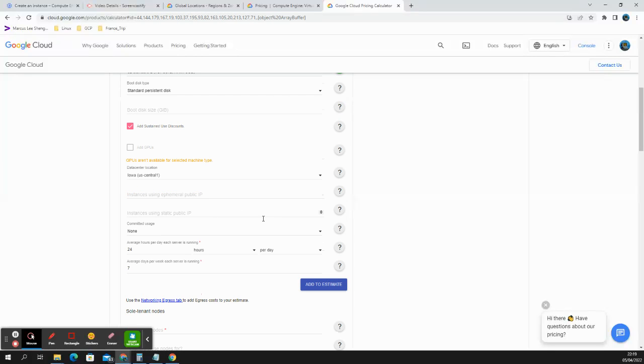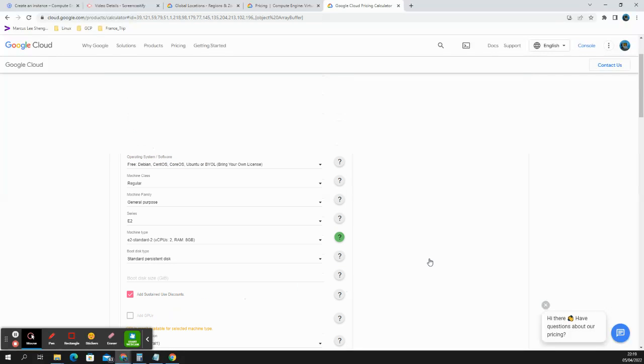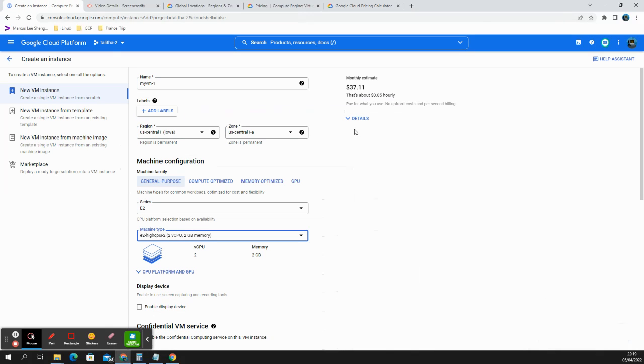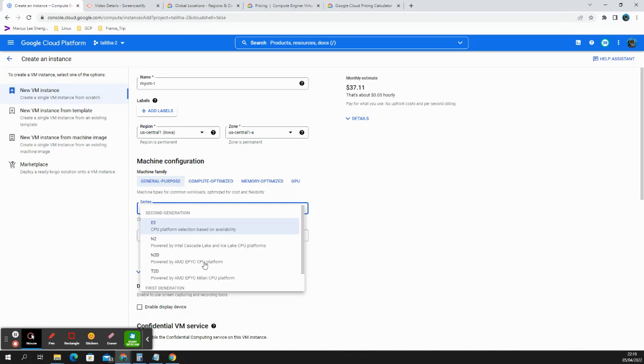I just want a general estimation of the price. I'll go add estimation, and there you are. You get the same price here, $48.92, and previous to that it was 48.91. So it's basically the same.